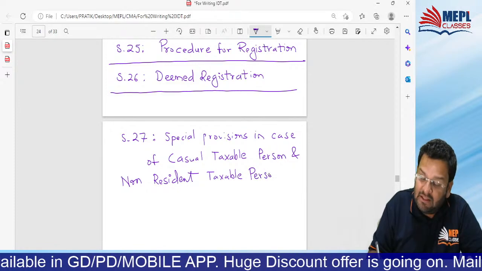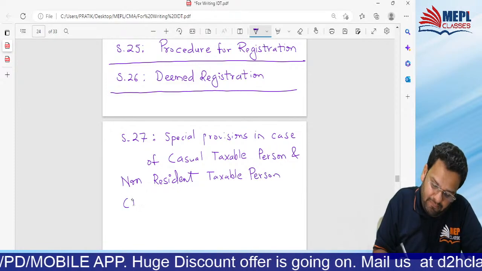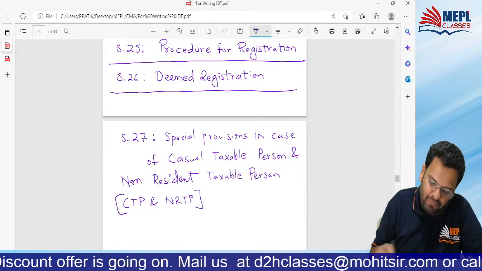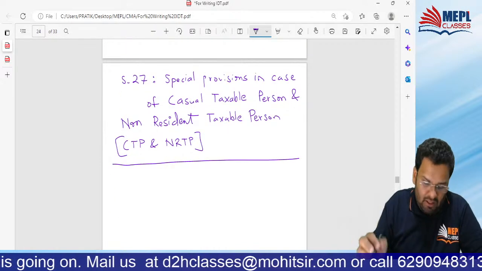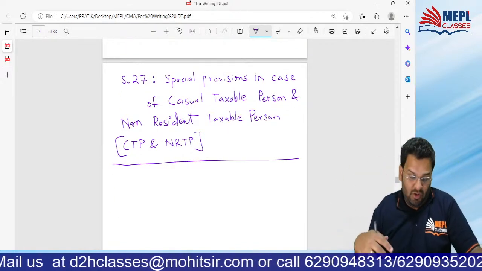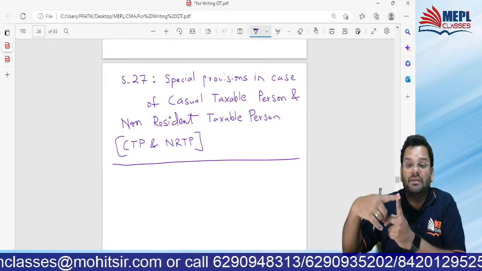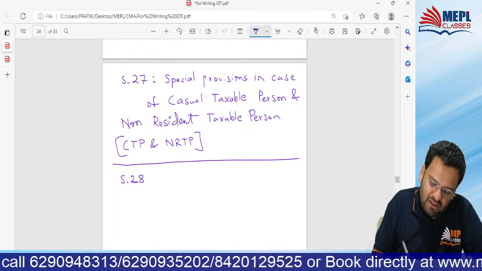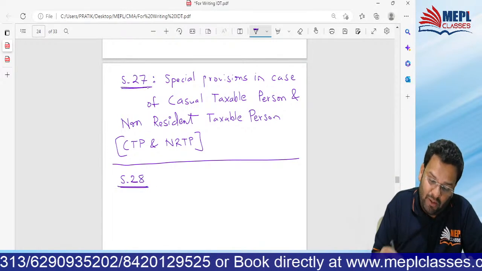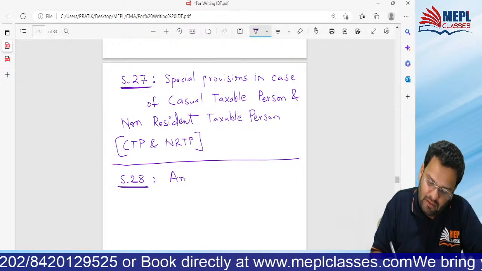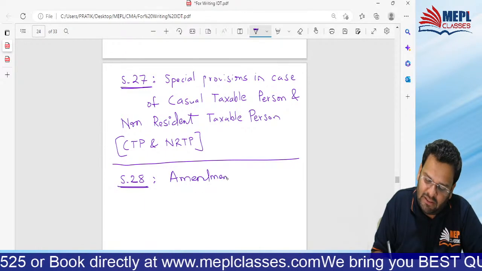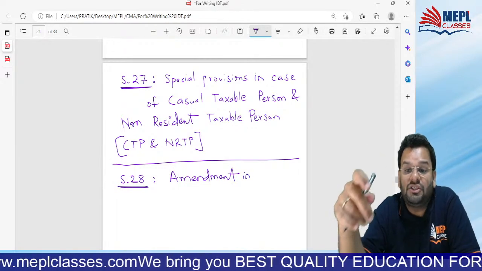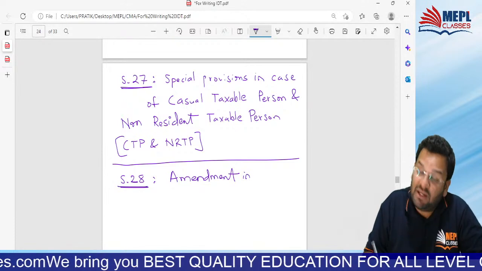Let's call them CTP and NRTP. 28 is amendment in registration. Amendment in registration means change in particular fields in the registration certificate. So if you have to make any change in your registration certificate, 28 will provide for that.